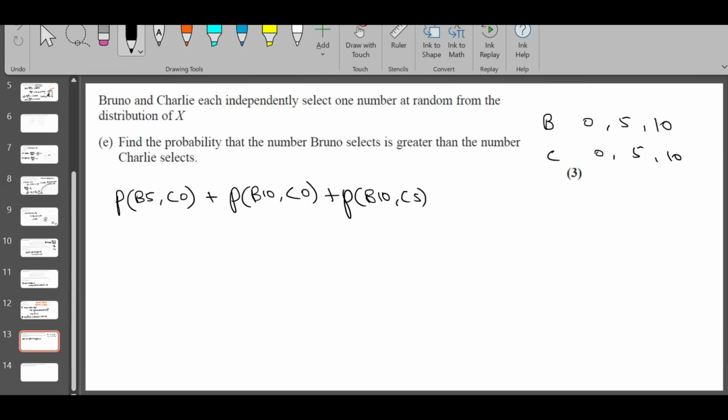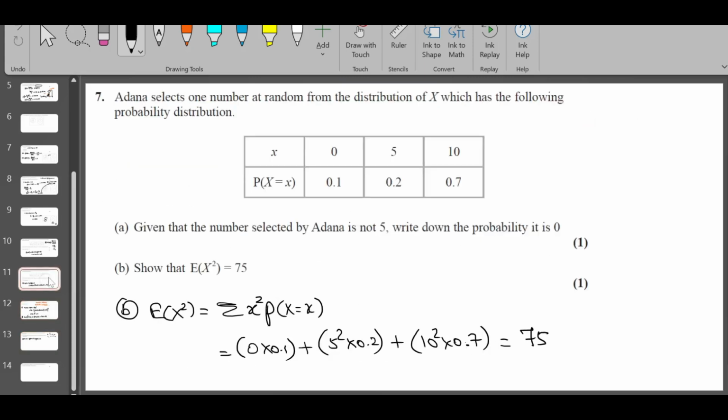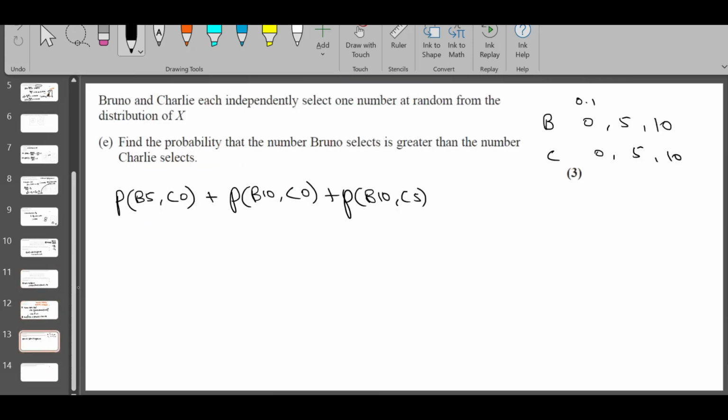The probability of 0 is 0.1, for 5 it is 0.2, and for 10 it is 0.7.